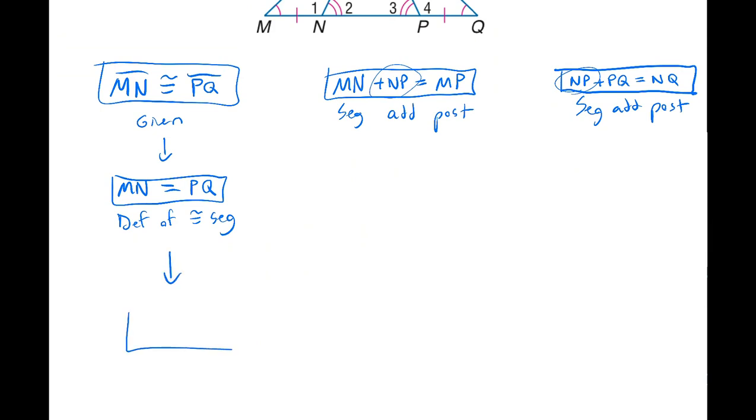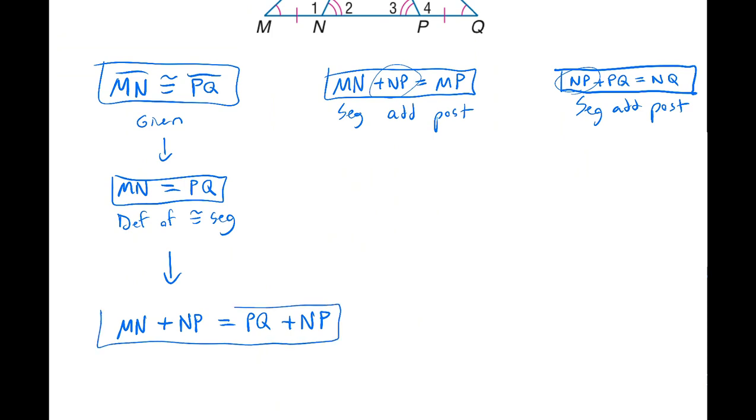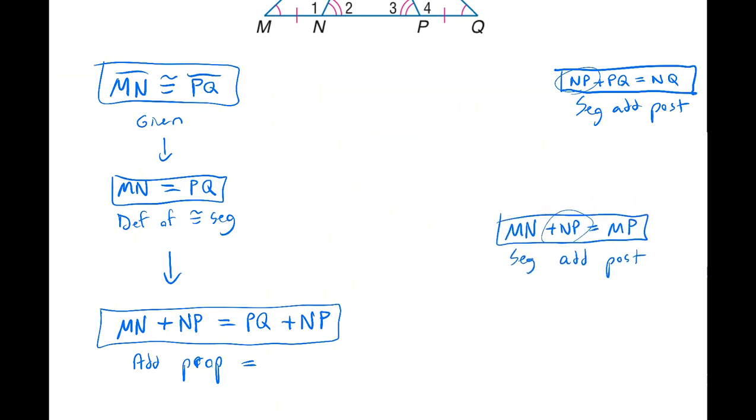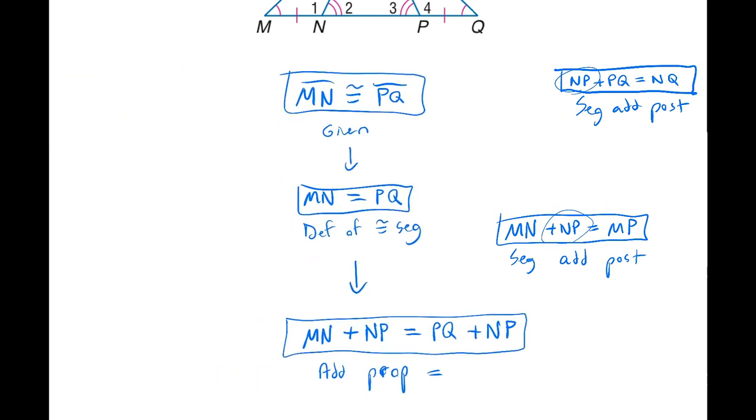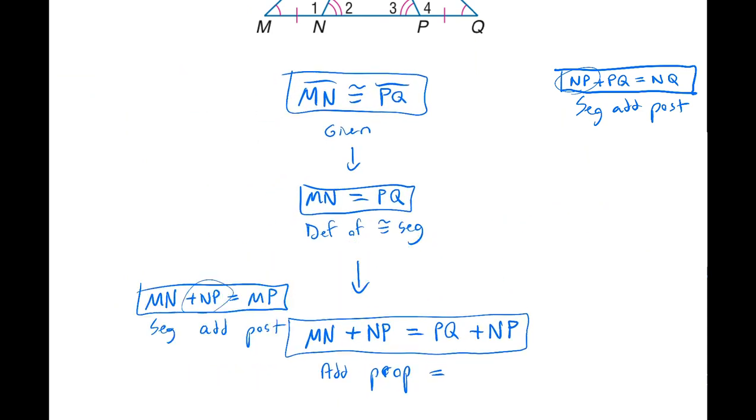All right, so I'm going to say this means MN plus NP is PQ plus NP, right? And all I did was add NP to both sides, the same thing to both sides. So that's the addition property of equality. Okay, well now look, the MN plus NP, I'm going to go ahead and rearrange these really quick. I'm going to put this big thing in the middle, okay? And then I'm going to take this, I'm going to slide it off to this side.